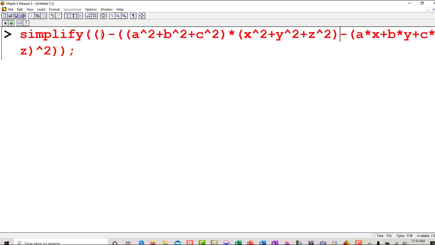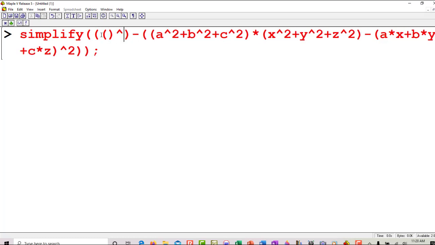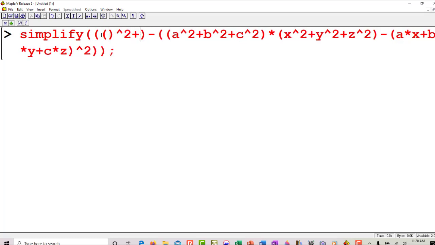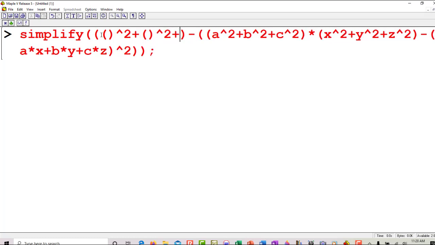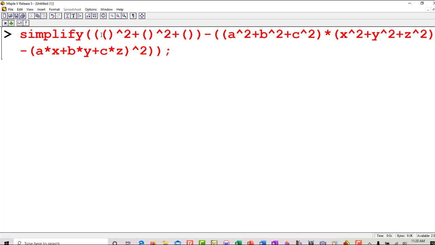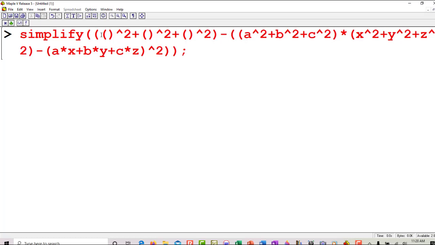Now, in the first box, we'll have some terms all added together and squared. We square the three coordinates of the cross product and add them up. We would take a square root, but we're doing the square of this norm, and so that cancels the square root.